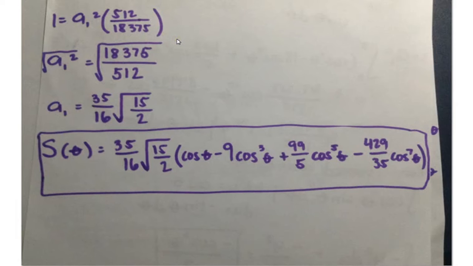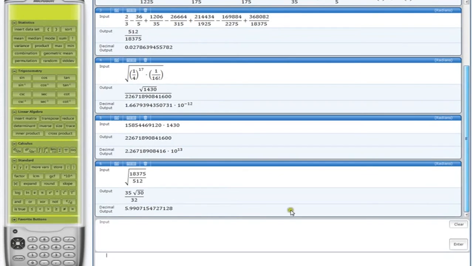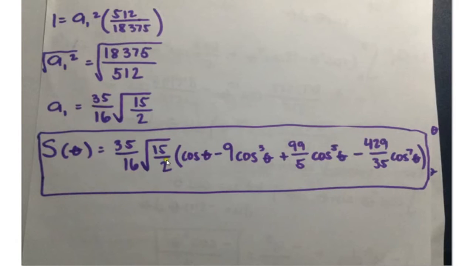Multiplying both sides by 18,375 over 512, we will get a1 squared is equal to 18,375 over 512. Then getting the square root of both sides, since we only need a1, a1 is equal to 35 over 16 square root of 15 over 2. In my software, it gave me 35 over 32 square root of 30, simply because in math we don't leave a square root of any value in the denominator.